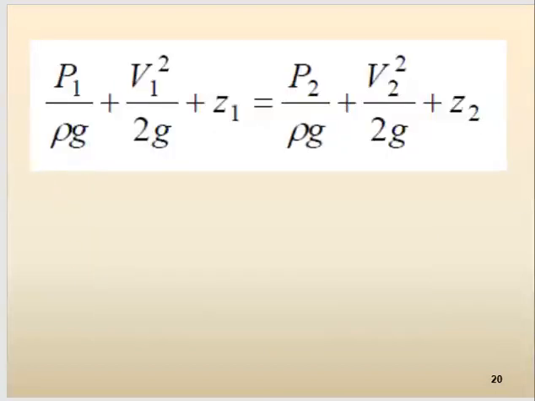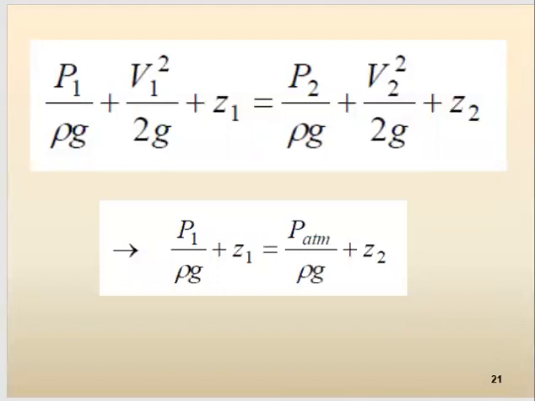Now, as I said, I know that V1 is 0. Also, V2 is 0. P2 is P atmosphere. P1 is given in the problem.